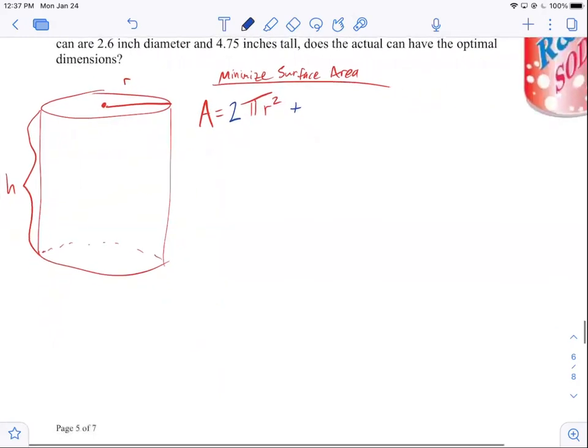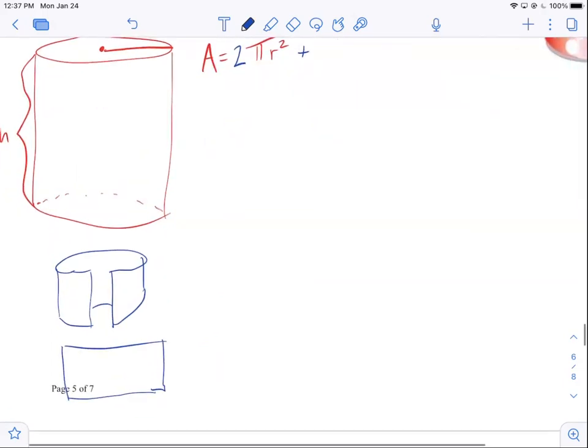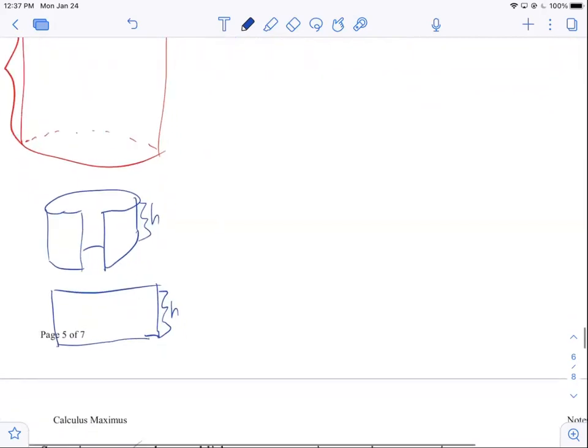Plus the lateral surface area, we call it, which if you were to take this and cut it open with your parents' permission and help possibly, right? If you were to cut it up the side and lay it down flat, it would look like a what? Rectangle, good. And this is the height of the cylinder, but the length of the rectangle ends up being the what of the top?